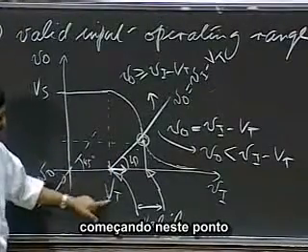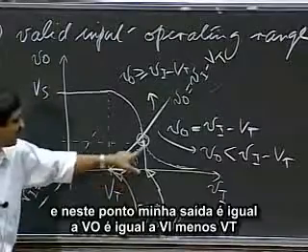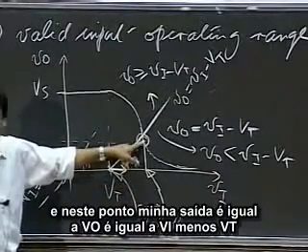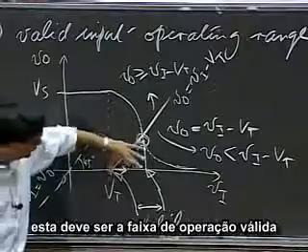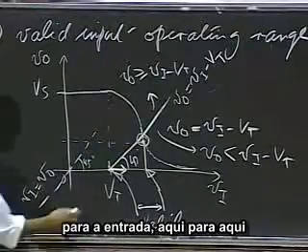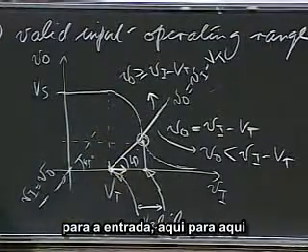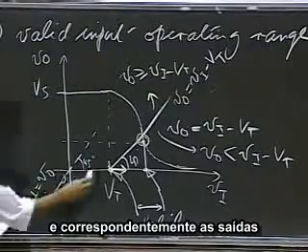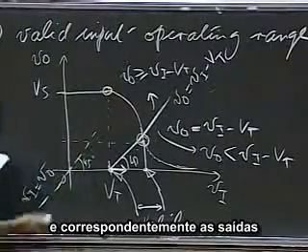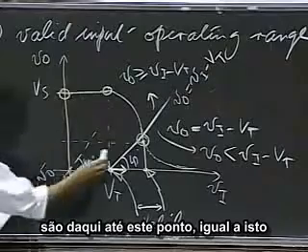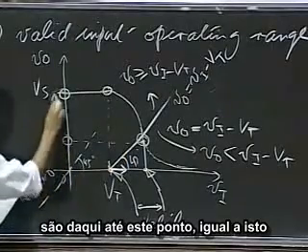Okay, starting at this point, greater than Vt. And at this point, my output equals V naught equals Vi minus Vt. This must be the valid operating range, okay, for the input, here to here. And correspondingly, the outputs are from here to this point to here, like so.